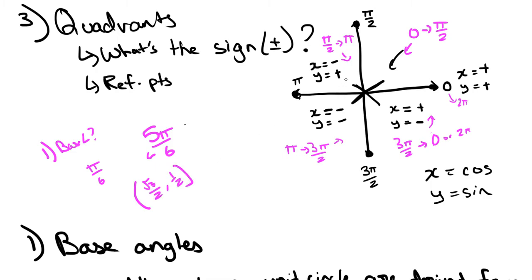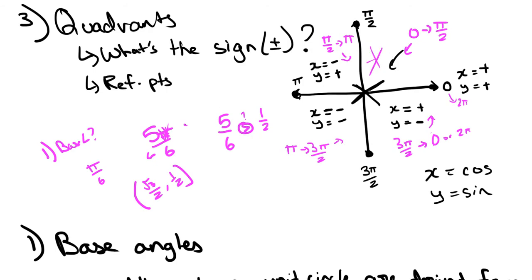Now we just think about the quadrant. 5 pi over 6, how does that compare to pi over 2? Just hide the pi and compare the fractions. How does 5 over 6 compare to 1 over 2? Well, 5 over 6 is much greater than 1 over 2, right?